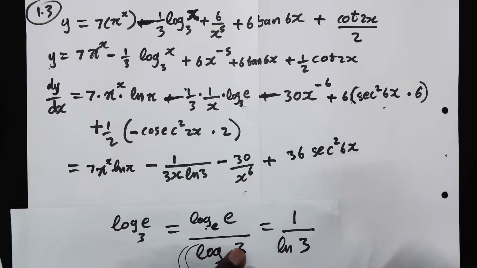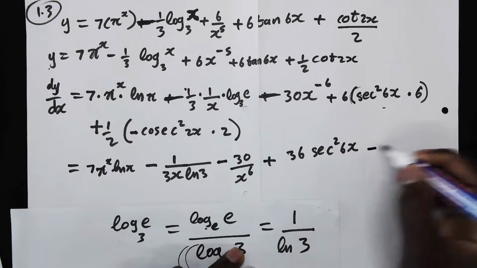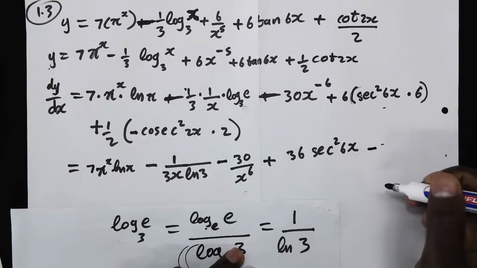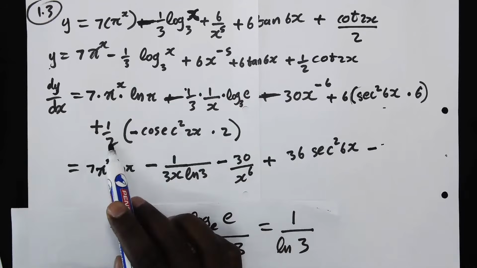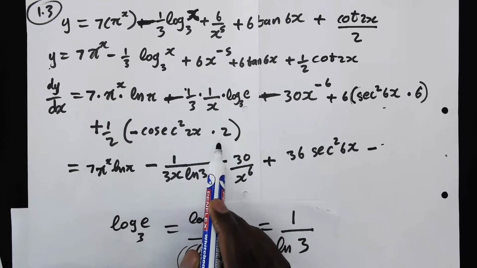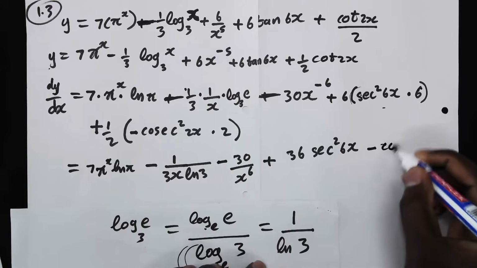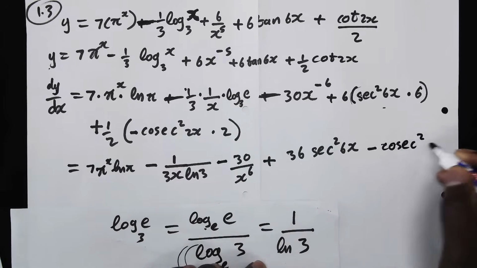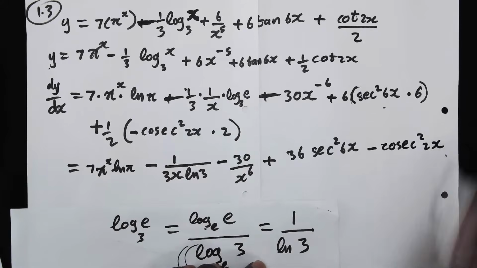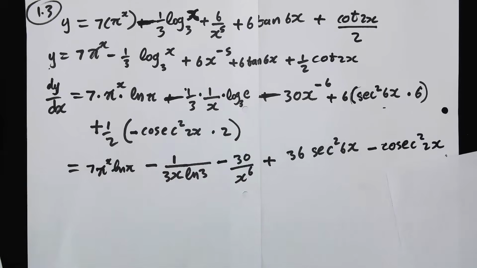So 6 times 6 is 36. And therefore, we'll have negative. Okay. So half times 2, if you see, is 1. So we'll have cosec squared 2x. You're done derivating.